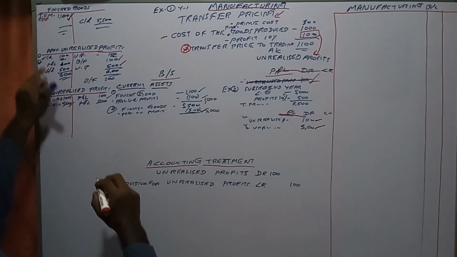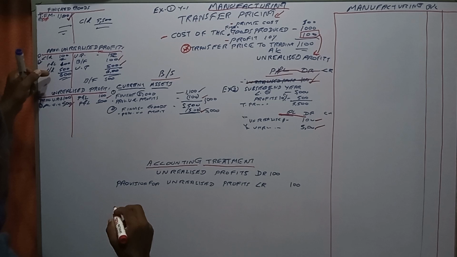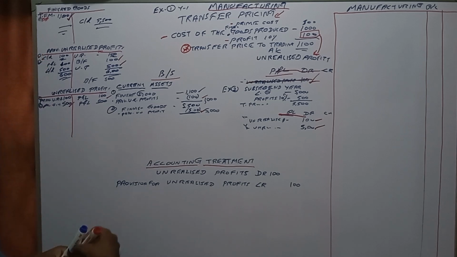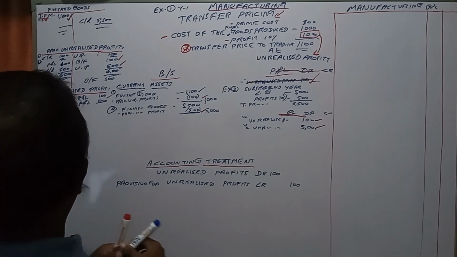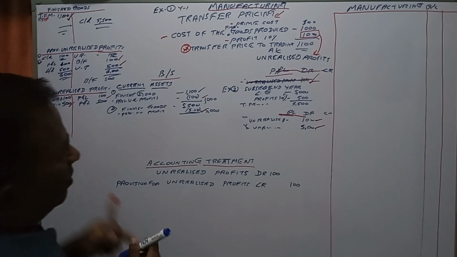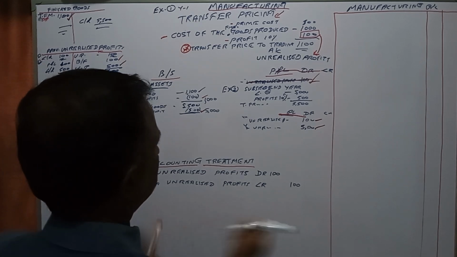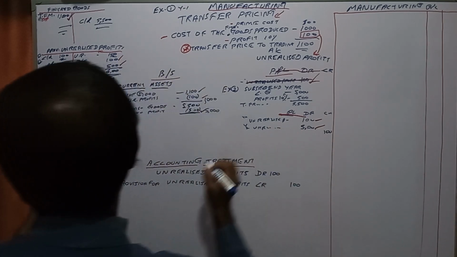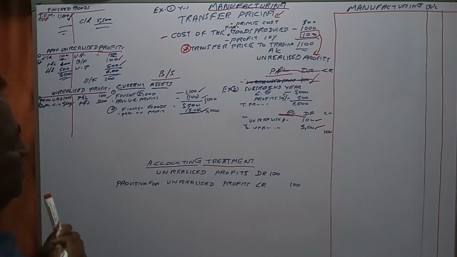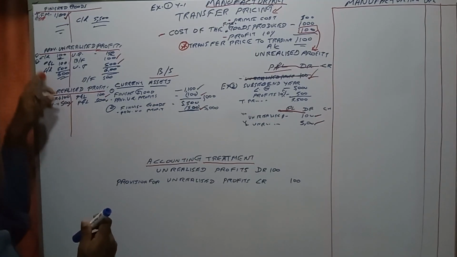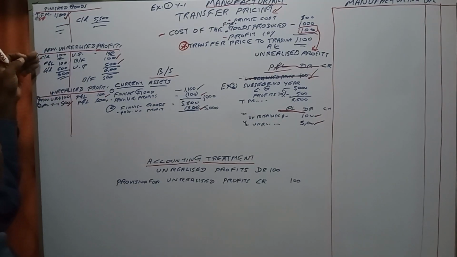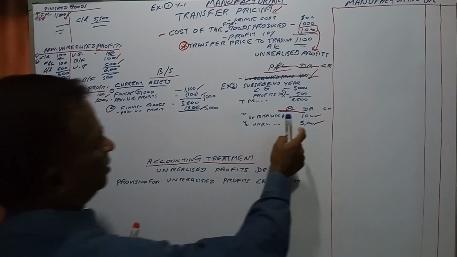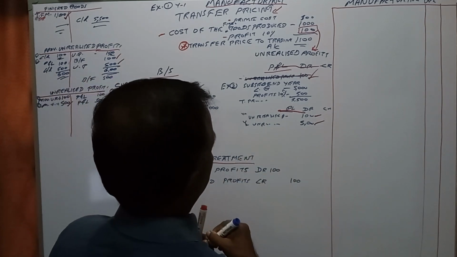And the difference in the unrealized profits will go to the profit and loss account, credited 100. If the provision is increased by 100, then you have to charge it to the P&L 100.